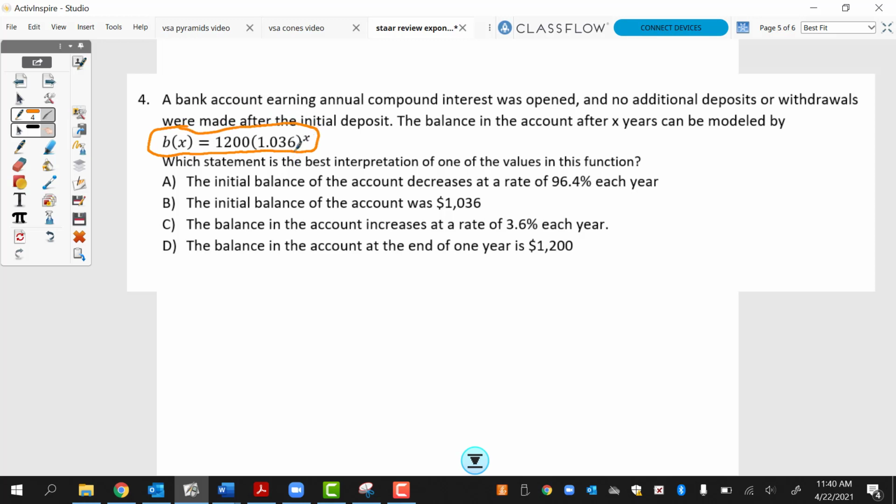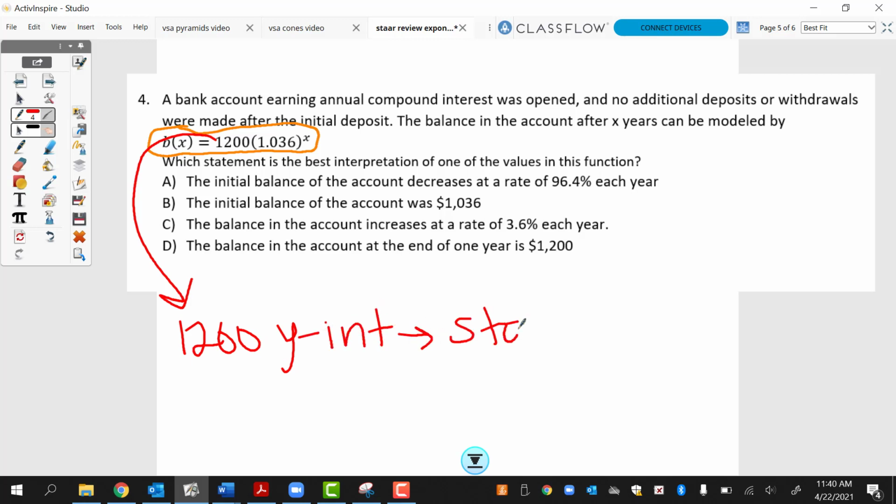It says, which statement is the best interpretation of one of the values of this function? So that means they want to know, do you know the difference between these two numbers? Well, I know in this equation, since the 1200 is on the outside, 1200 is the y-intercept, which we said is the starting number.